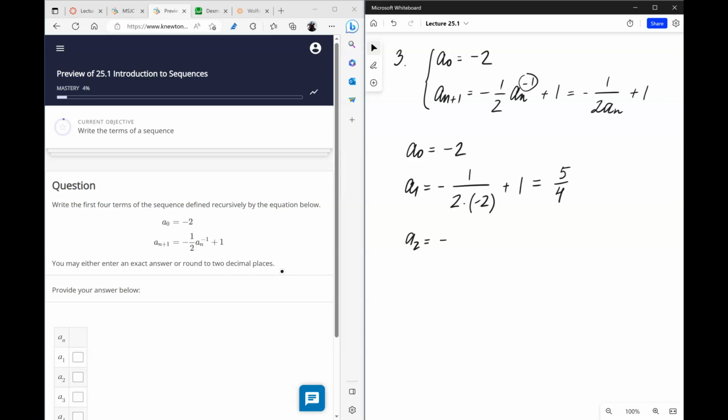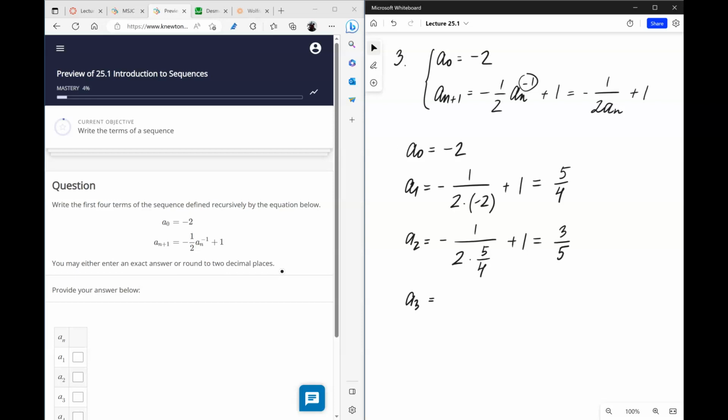Now a2 will be the reciprocal of this. 5/2. Reciprocal of that is 2/5. So it's -2/5 plus 1, so it's 3/5.